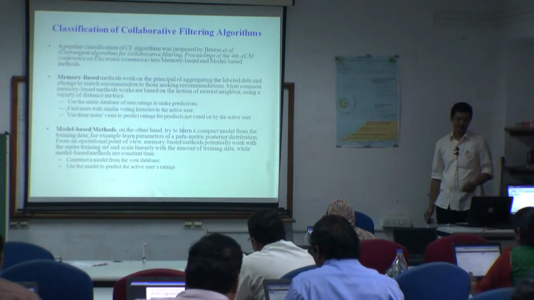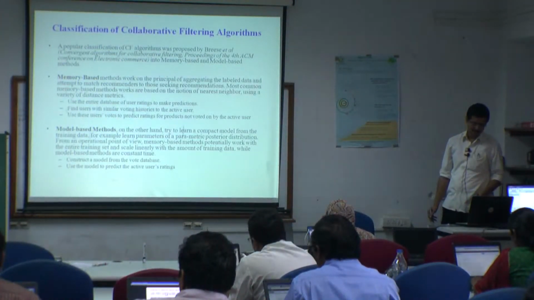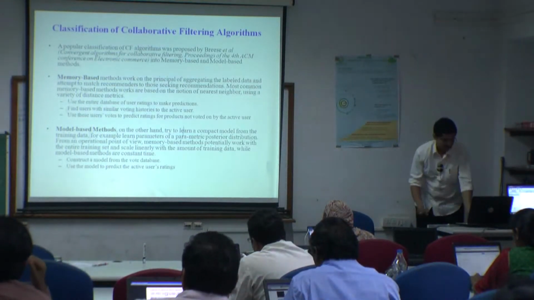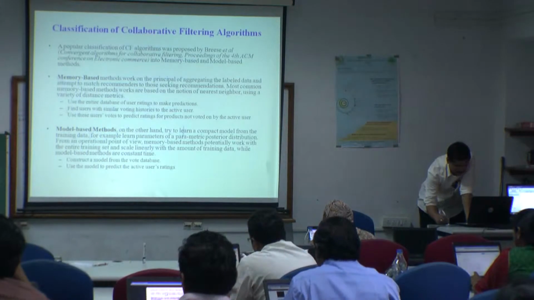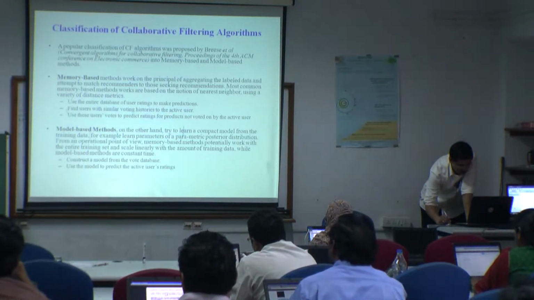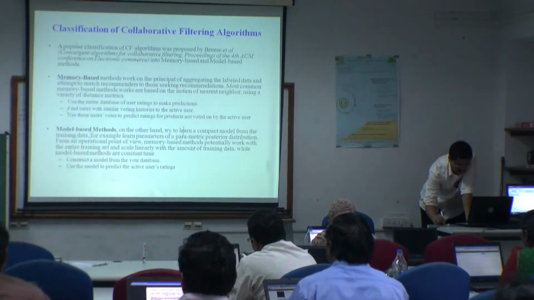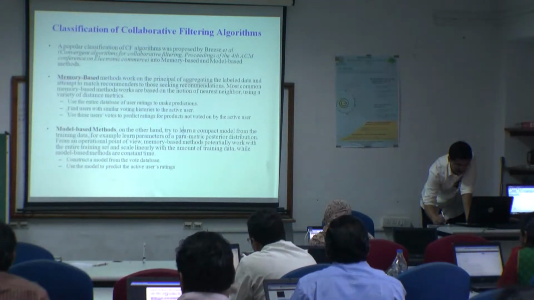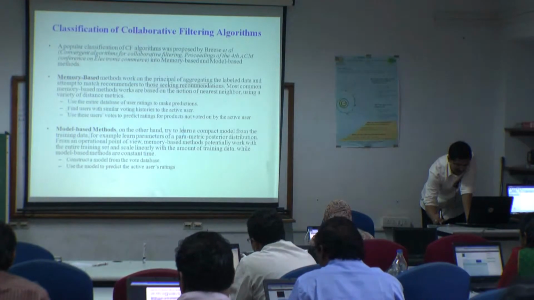Collaborative filtering is divided into two different parts. First is memory based and second is model based algorithm. Memory based collaborative filtering methods work on the principle of aggregating the rating data and attempt to match the recommenders to those seeking recommendations.